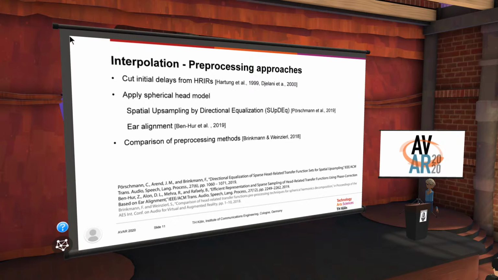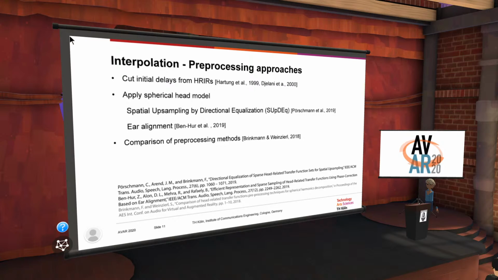Of course, that's important. Newer modern methods, so this SubDQ method from our lab and the ear alignment from Zamir Ben-Hur et al., which are from the basic idea very similar, had the idea to apply some kind of spherical head model and to do some equalization, and this results, you can imagine, in some time alignment of the HRIRs, if you look at that in more detail.